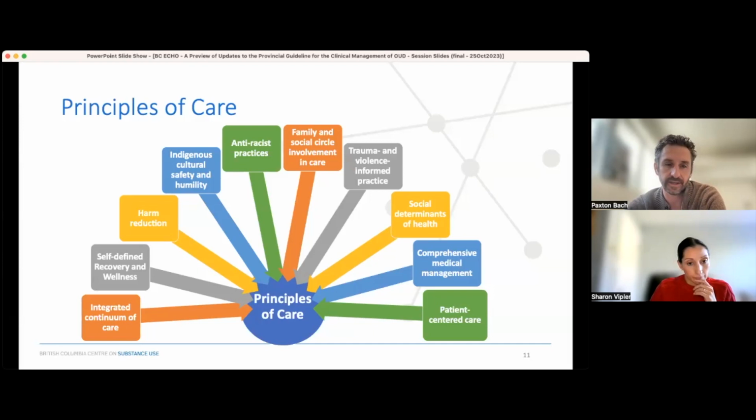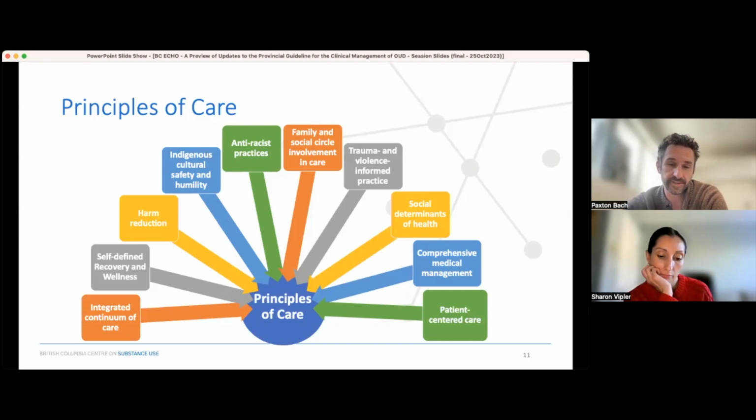It covers a broad range of topics, from patient-centered care and harm reduction, to addressing the social determinants of health, to incorporating trauma- and violence-informed practice as a fundamental piece of care. Indigenous cultural safety and humility and anti-racist practices are included and are an incredibly important part of this guideline and of the care of our patients.